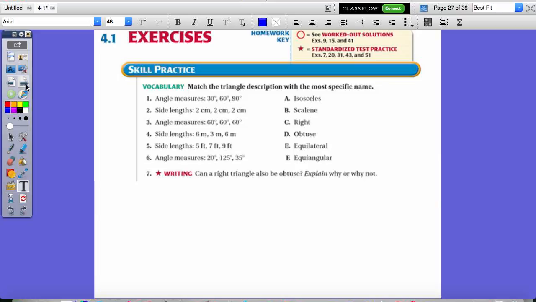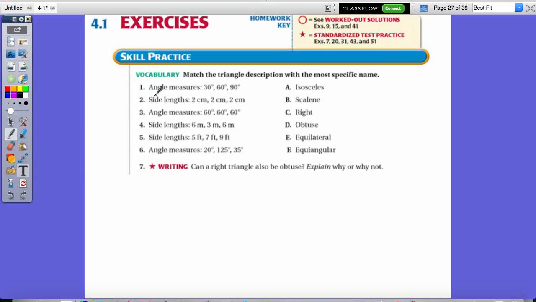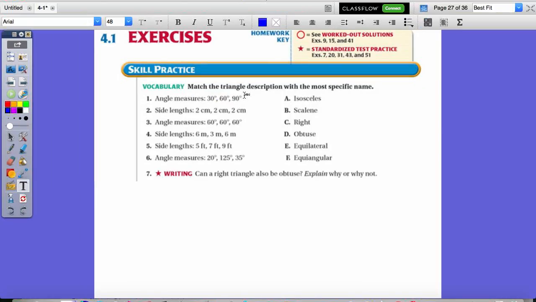So the first thing you had to do is match the triangle description with the most specific name. I am actually doing this without answers as I record, so we're going to go through these, and if I make a mistake, I'll go back and fix it. The first one, angle measures of 30, 60, 90 degrees.